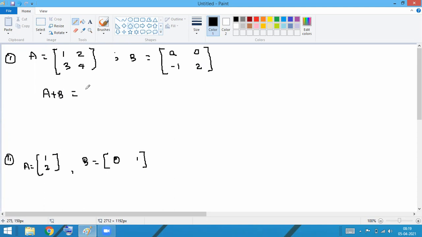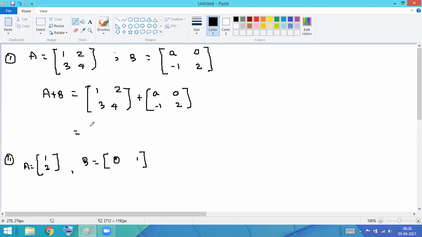What will be the A plus B? Can anyone let me know what is the A plus B for this question? First we have to put 1 2, then 3 4, then plus whatever B matrix we have, 1 0, -1, 2.